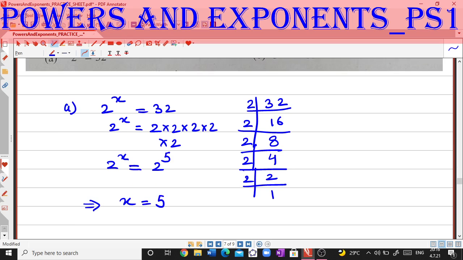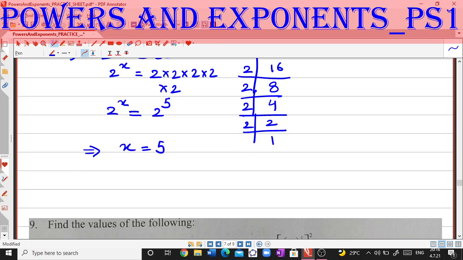For this, you have to write down the prime factors of 81. So the B part is 3 raised to the power x plus 1, and it is equal to 81. You know the prime factors of 81 are 3 multiplied by 3, 4 times.